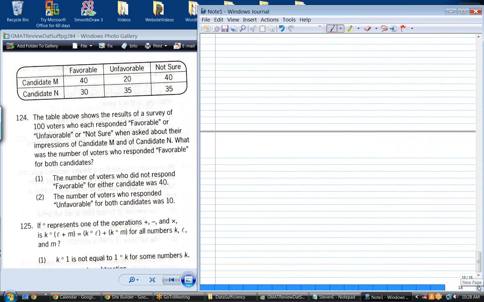Oh, these problems. Table problems. These are basically Venn diagram kind of problems, only put in table form instead.